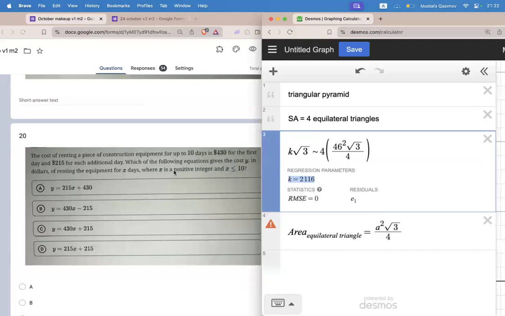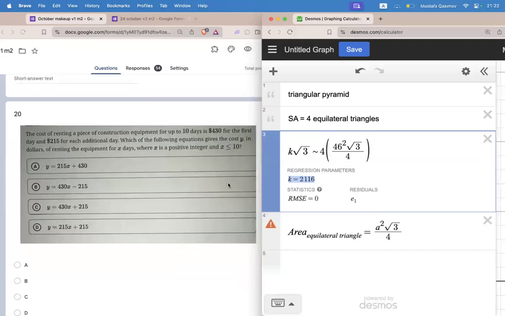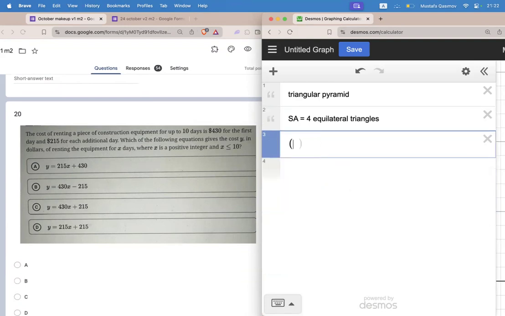Okay. 20. For 20, you can see this question in every model 2 from 2023 and also 24. Here it says for the first day we have a cost of 430. It means that when x is equal to 1, we will get 430.